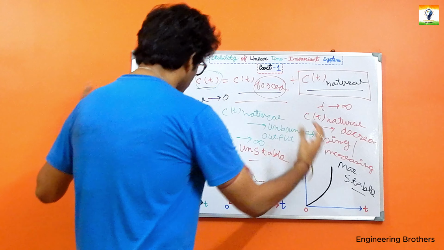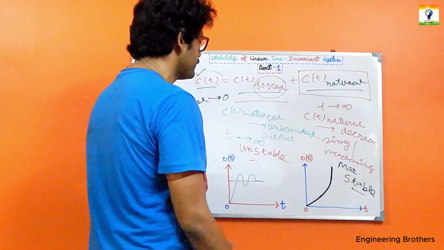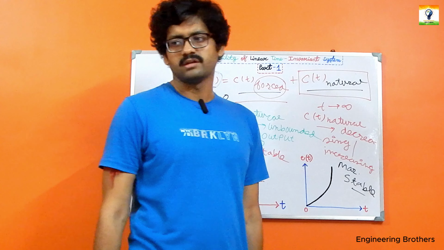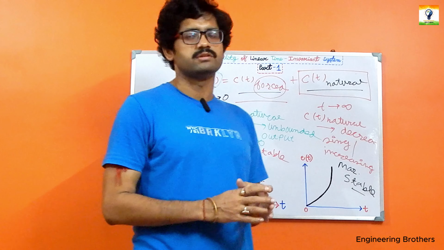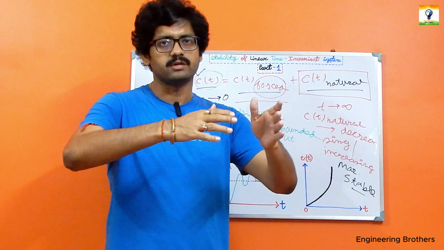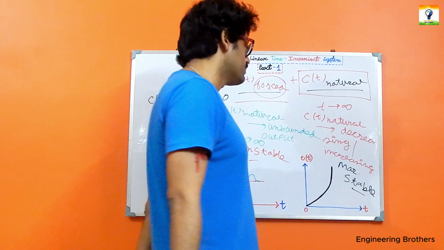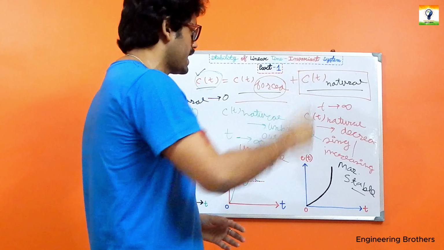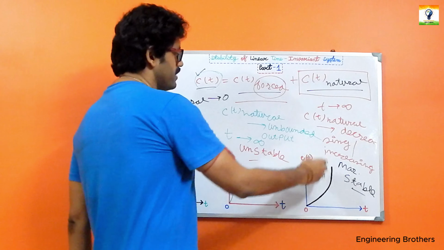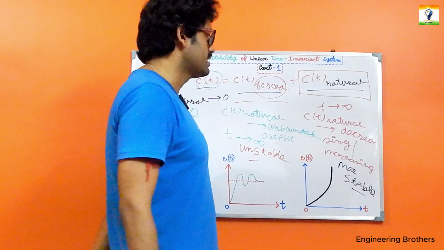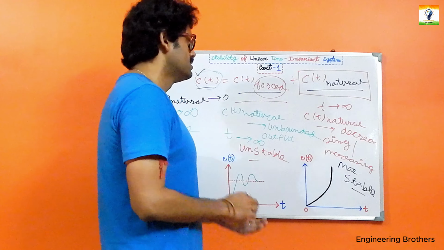But if you add up these two concepts, the system is in the marginally stable condition. It is not stable, it is not unstable. In between these two, we have marginally stable, where both the decreasing and increasing characteristics are added up in this output. That is why we can say that the system is naturally marginally stable.